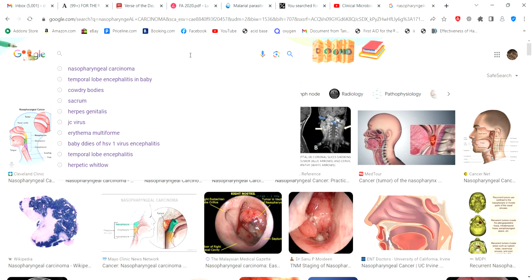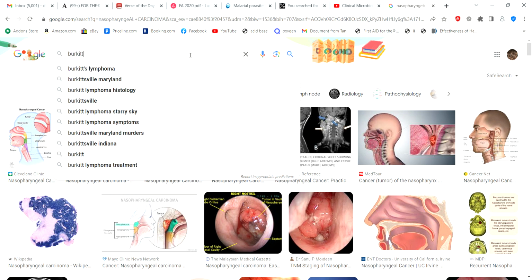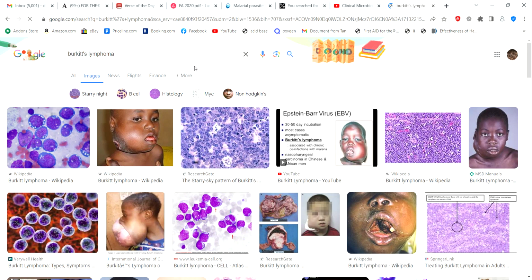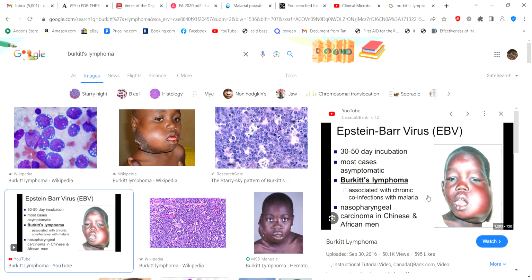Okay, so that's that, and then Burkitt's lymphoma. This is Burkitt lymphoma. You're never gonna forget this. Epstein-Barr causes Burkitt's lymphoma, which is jaw swelling.